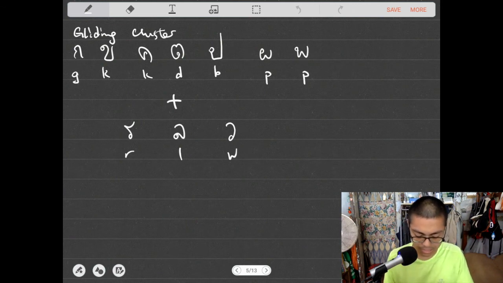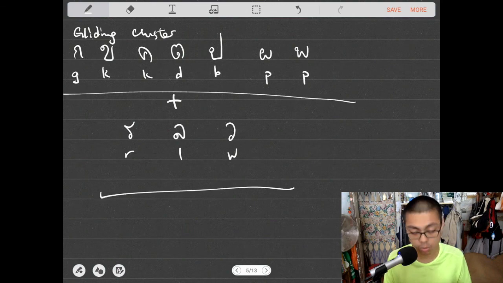So these consonants I take from the website. We have two rows, the first row and the second row. This table shows you all the combinations. And below the Thai alphabet, I have written the English sound, just for your quick reference.